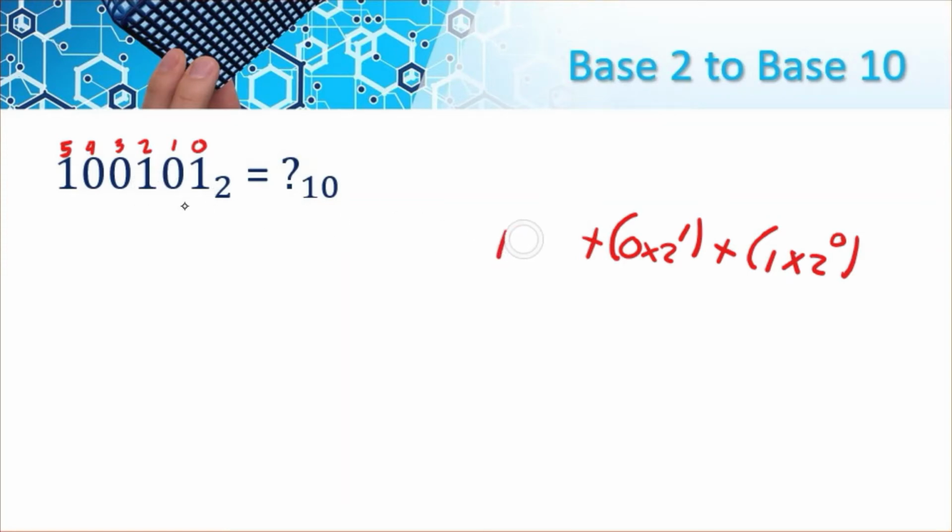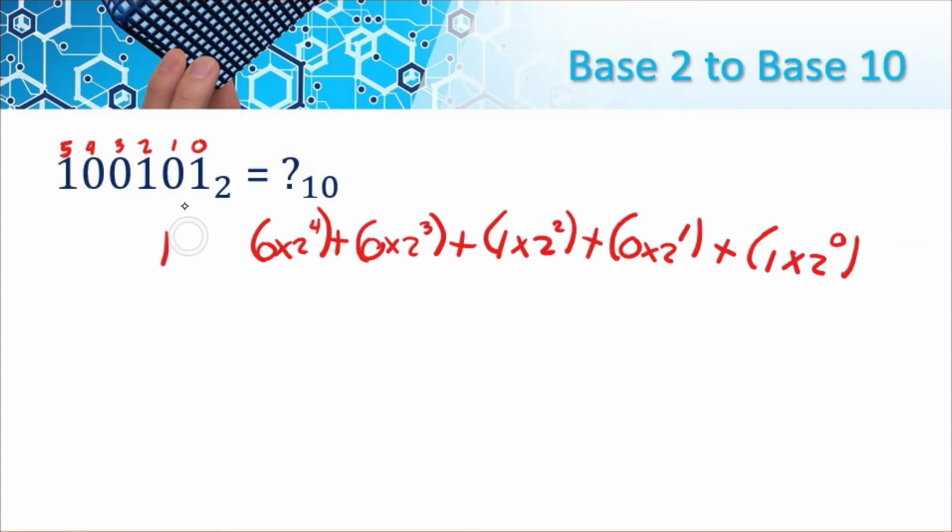So 1 times 2 to the power of 2, plus next is 0. So we have 0 times 2 to the power of 3. Next we have the 0. So 0 times 2 to the power of 4. Then last one is 1 bit. So 1 bit times 2 to the power of 5.